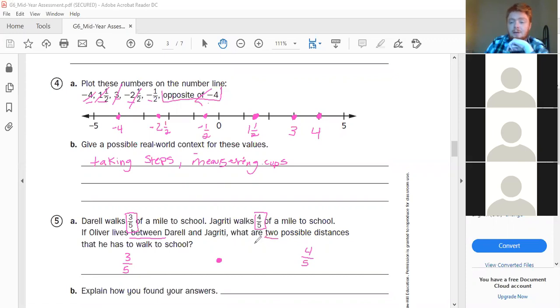Does anybody know how to start getting them? Nobody? That's okay. First, if our denominator is 5 over here and 5 over here, one of our answers can have a denominator of 5 as well. If we want the answer to be between 3 and 4, there are multiple answers.